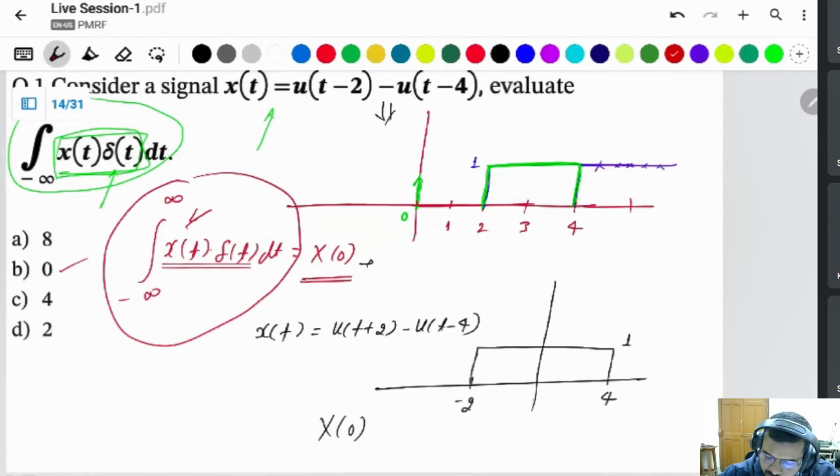So 0 is here. At that point, the value of x is 1 only. The same signal starts from -2. Then if multiplied by the impulse signal, it is only present at the origin, that means at the 0 point.